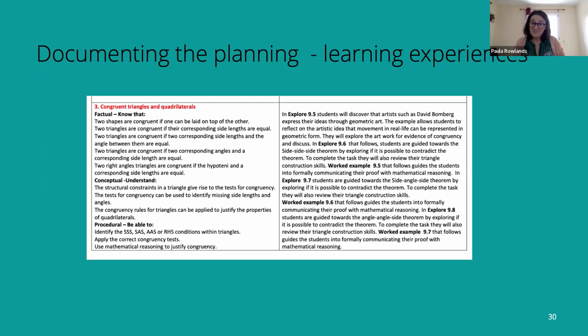I must be honest, my own units don't normally have this much detail. As a team, we'll discuss the tasks that we're going to do, and then we'll just summarise them in the plan. But I felt it was very useful to have these for teachers if they're going to be using the unit plans, because it just gives an idea of what the tasks are there for.